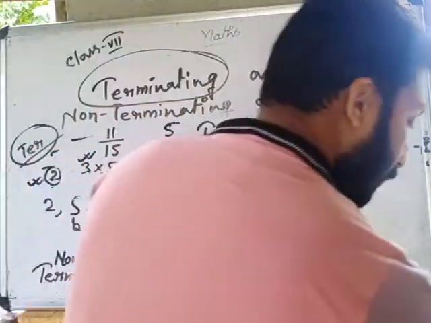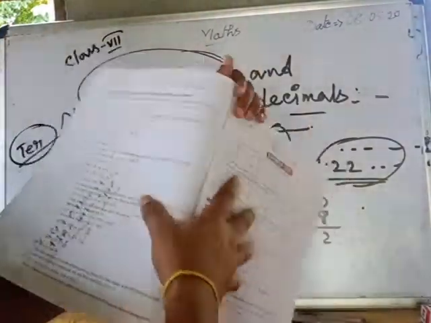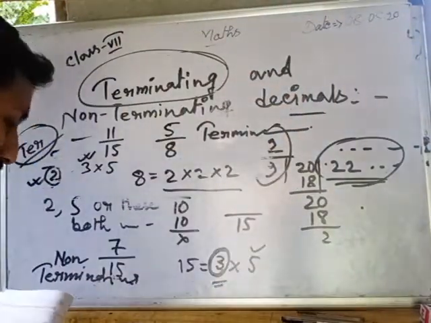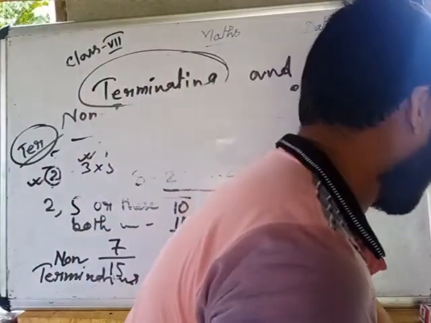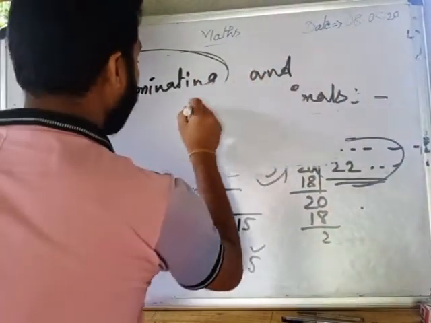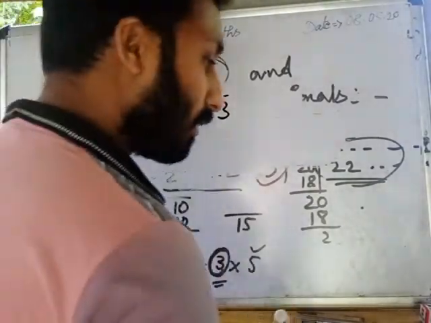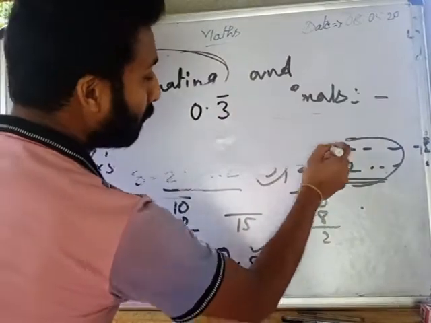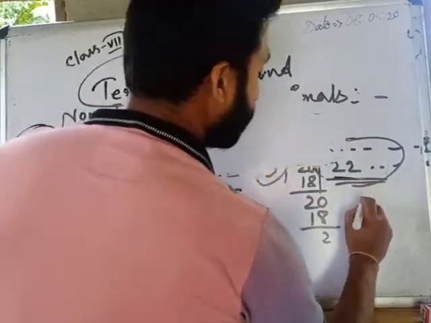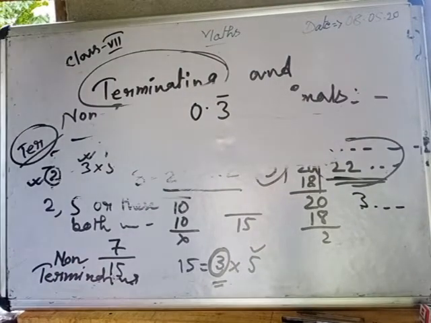Okay, so many things are there. If it is a non-terminating fraction, then it is like this: after division the quotient doesn't end.